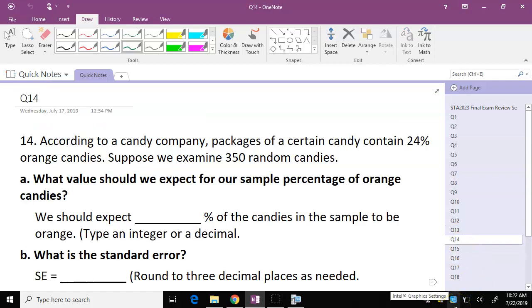I think this is the only one that I actually went in and used a formula on. And for your standard error, the formula that we'll use, I'll write it down here.